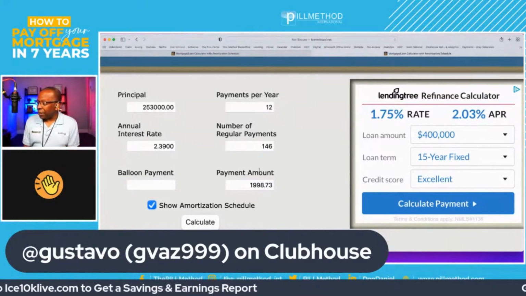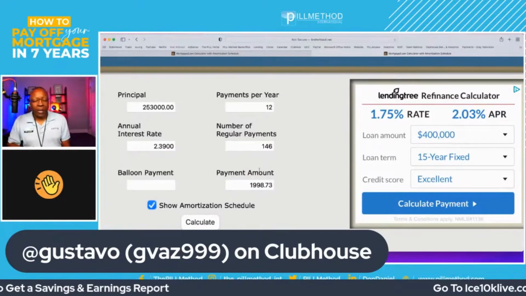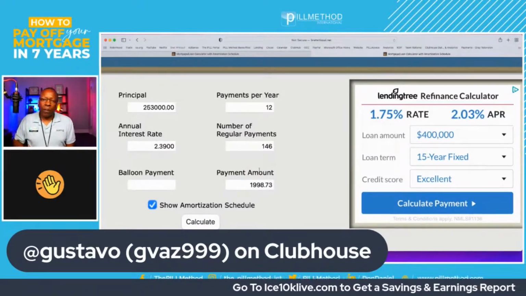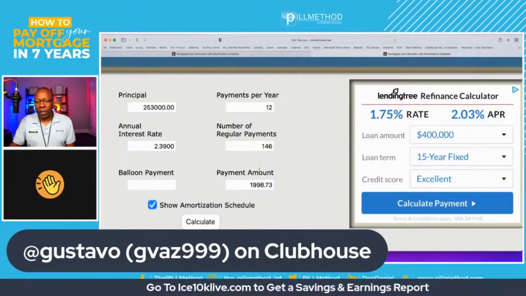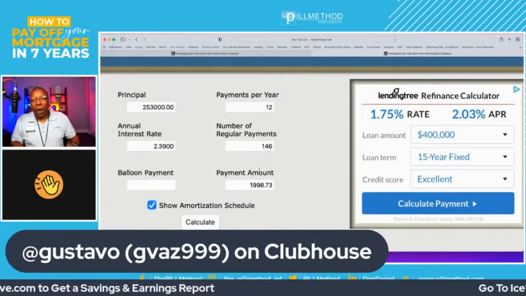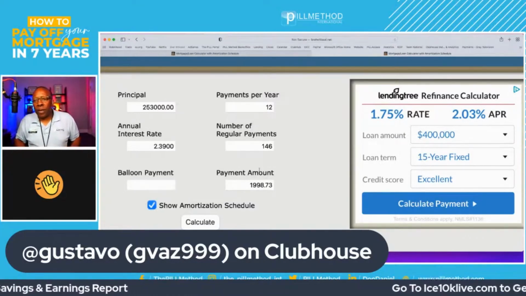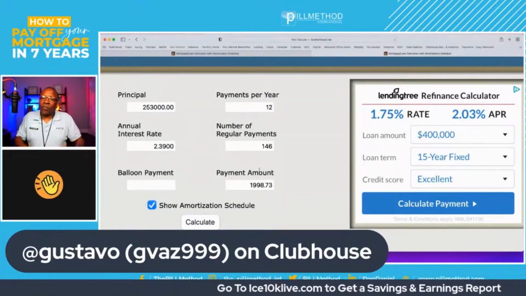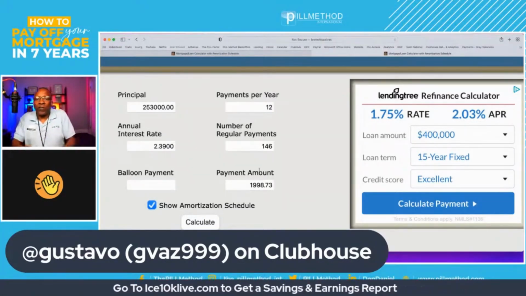And this is what we want to know is not just do we want to save some interest, Gustavo, but by applying a certain amount of money, you want to know how much interest did I save? And when I know that, could I have done better if I had put a different amount on a different day?